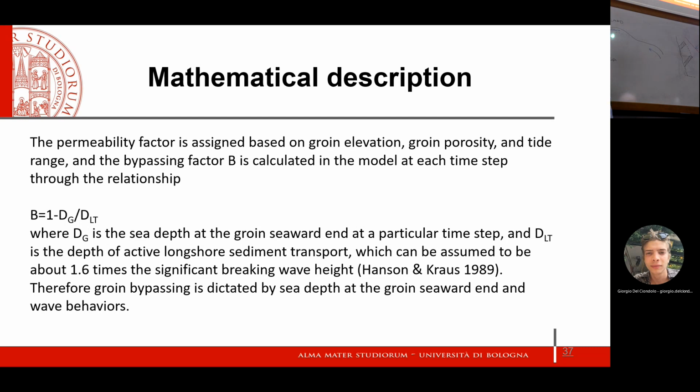And the bypassing factor can then be computed with this relationship, where dg is the sea depth at the groin seaward end at a particular time step, of course, and DLT is the depth of active longshore sediment transport, which can be assumed to be about 1.6 times the significant breaking wave height. Therefore, groin bypassing is dictated by the sea depth at the groin seaward end and wave behaviors.